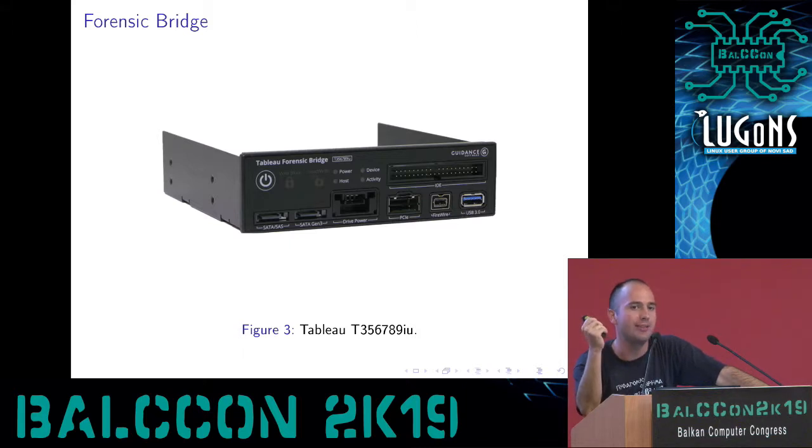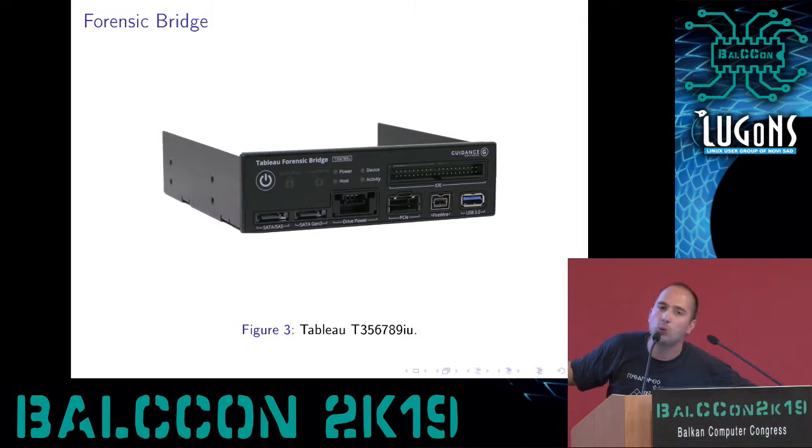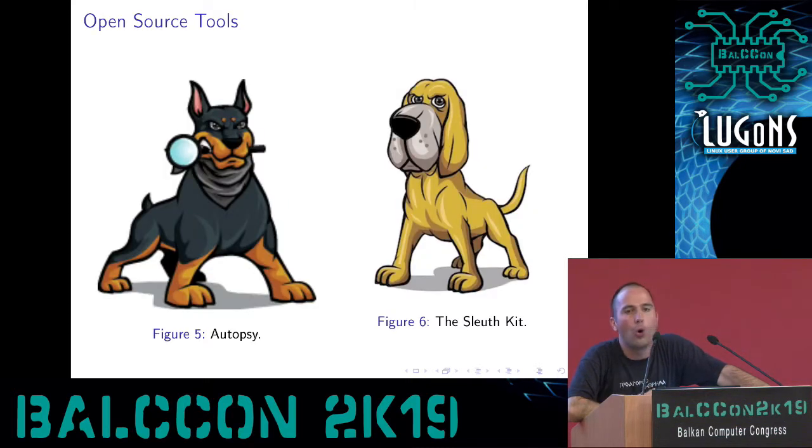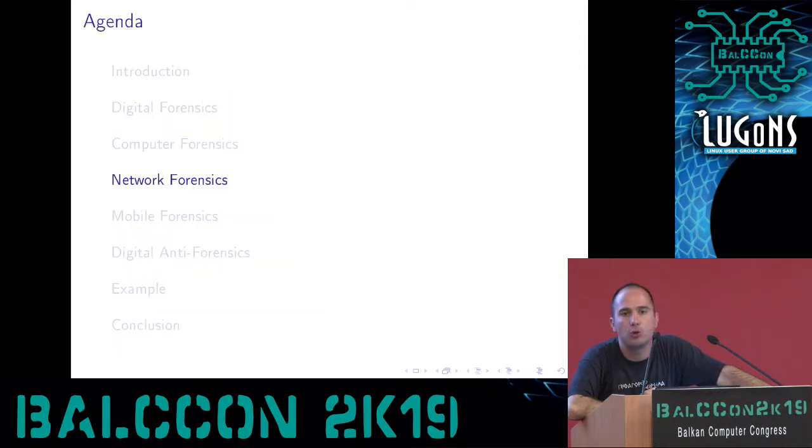So if you're using that kind of device, then you're sure you're not going to alter the original evidence. There are also simpler write blockers which are used for a particular hardware interface, but this one, as you can see, covers more than one interface. We already said that we can use either commercial or open source tools to conduct an investigation, for example, to find some piece of information on the drive.